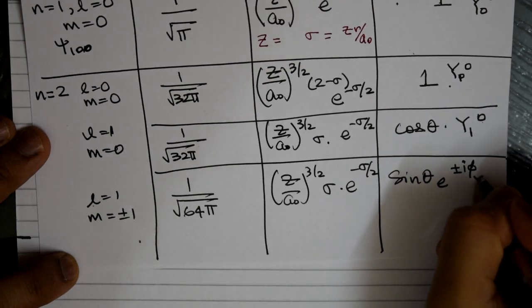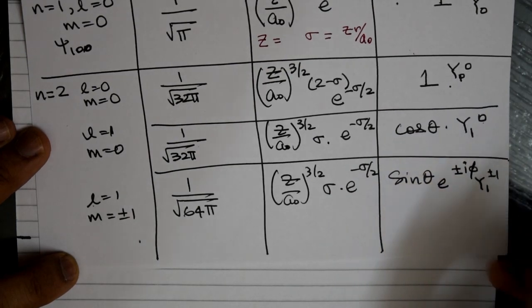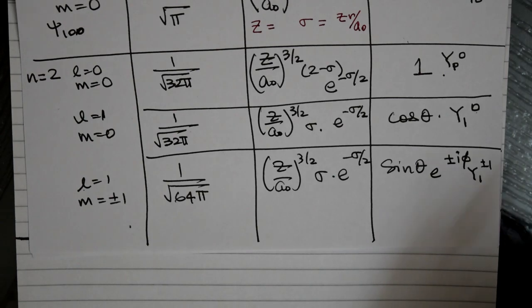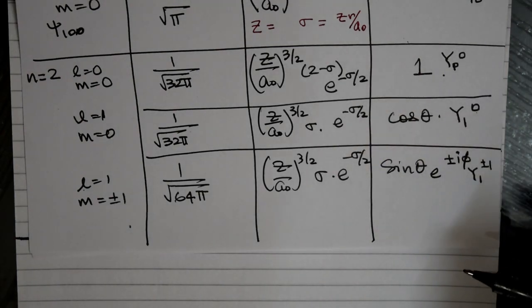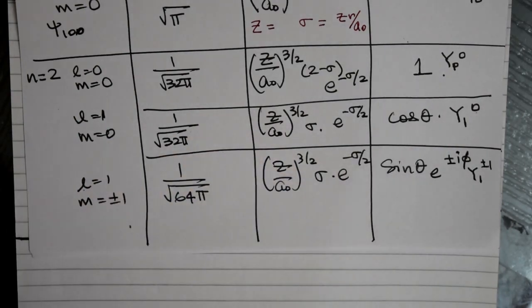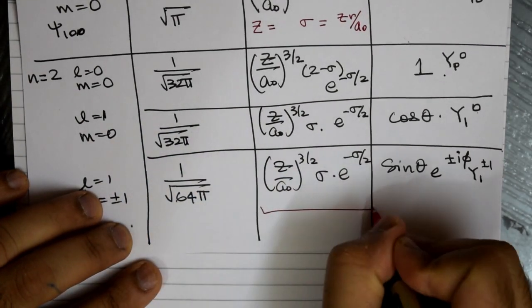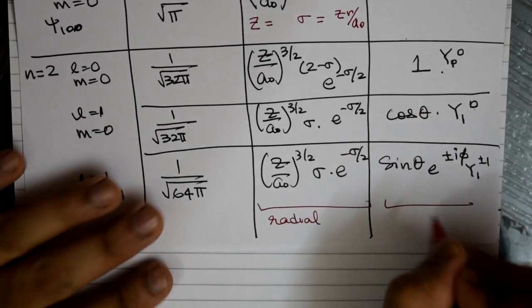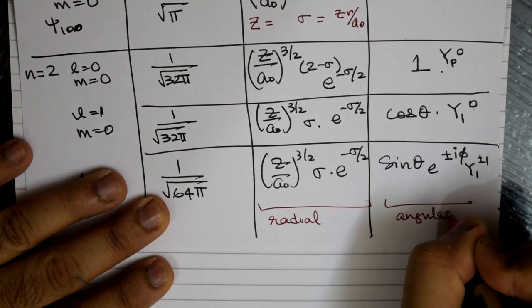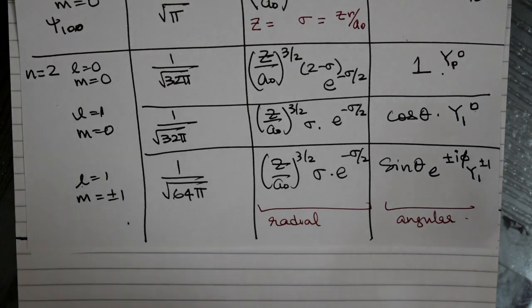We are talking about Y1 plus minus 1. So we are starting to be able to understand what the solutions of the hydrogen atom problem are, including the radial part and the angular part. And both put together helps you understand the solution for the hydrogen atom problem.